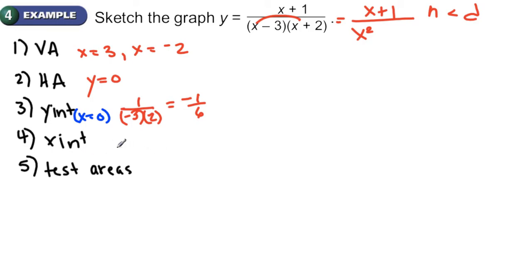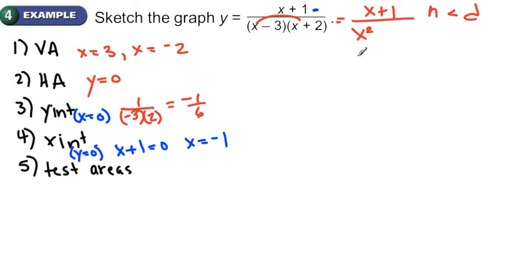The x-intercept is where y equals 0. In order for y to equal 0, the numerator has to equal 0, because if it is 0 over something, then you know y is 0. So x plus 1 equals 0, or x is -1.